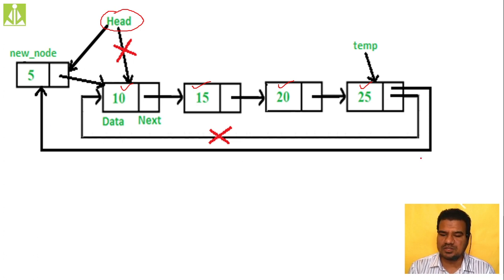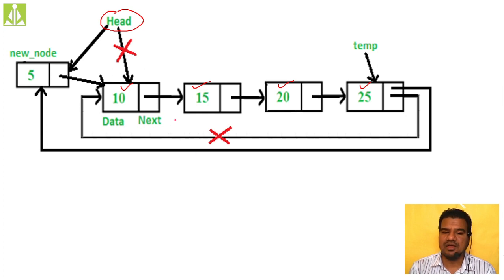Previously it was pointing to your previous head, the node with 10 value. But now, as we have changed the head, we have added the new node at the front location. So I have to make this new node the head. Moreover, my last node's next pointer should point to the newly created head. So that is the correction we have to do. This link we have to remove, and this link we have to remove.